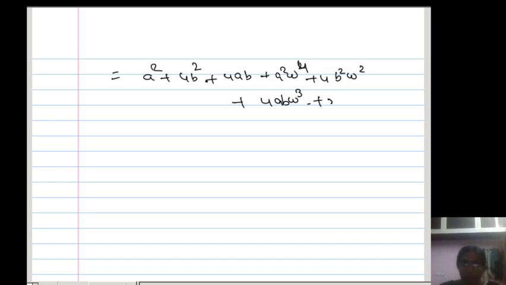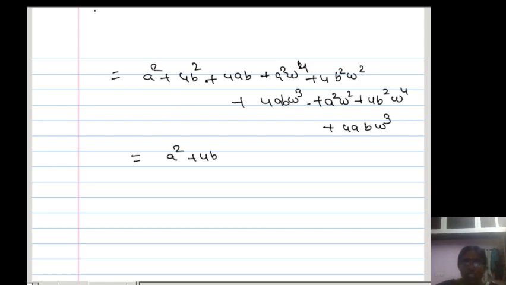Next a square omega square plus 4b square omega power 4, a square plus b square plus 2ab, 2 into 2, 4ab omega cube. Okay, now apply the form a square plus 4b square.